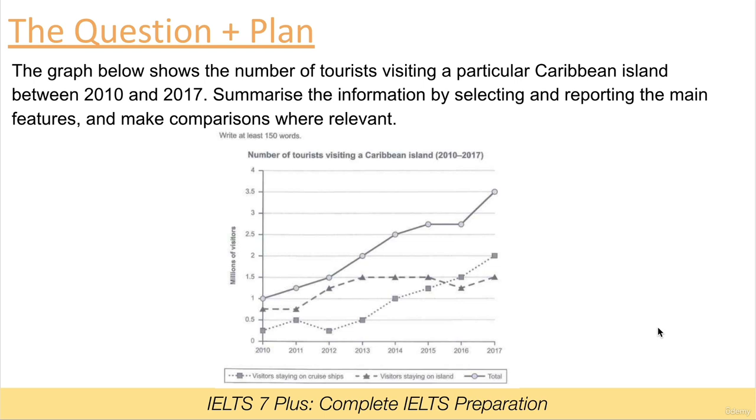All right then, so we've got some interesting things going on. Initial thoughts, generally, over the course of the years, visitors increased. So that's something we can think about for our overview. There are points where obviously this doesn't happen, particularly visitors staying on the island, that sort of plateaus and then decreases and then creeps up again.